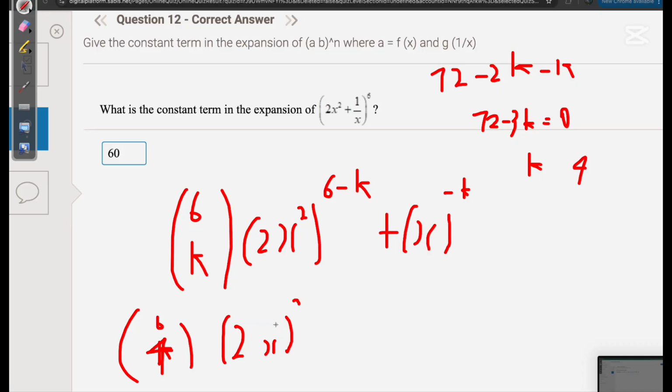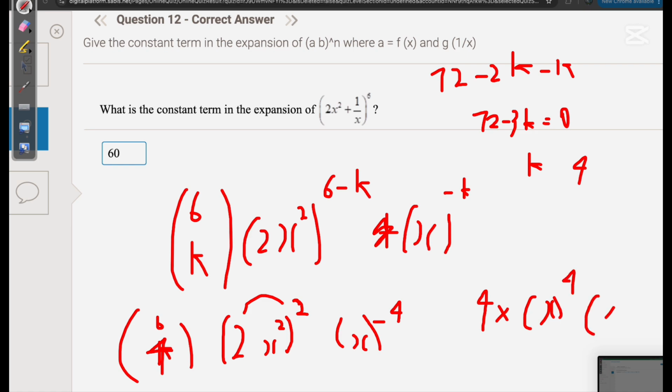I'll just do it normally. 2x squared to the power of 2 times, it's not plus here, sorry, times x to the negative 4. Okay, so you distribute the power here, so it becomes 4 times x to the 4 times x to the negative 4 times 6C4.